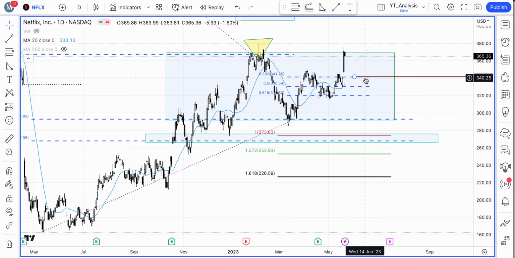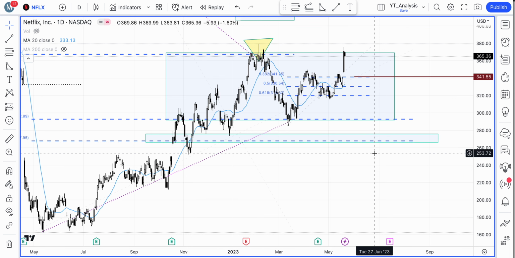Breaking below the 38.2% Fibonacci retracement will be an early indication that price might actually be targeting the lower end of the range, and perhaps even move lower. So that remains to be seen.